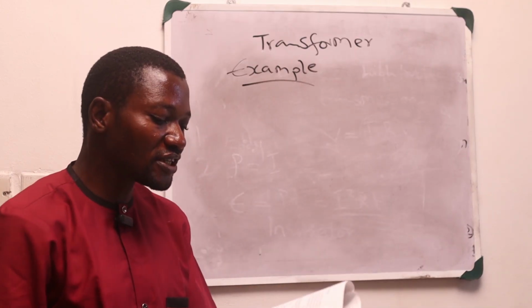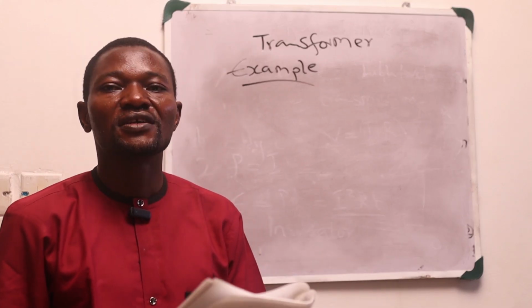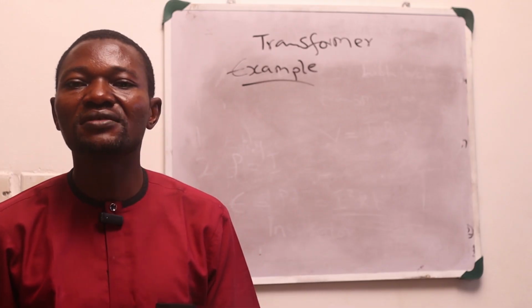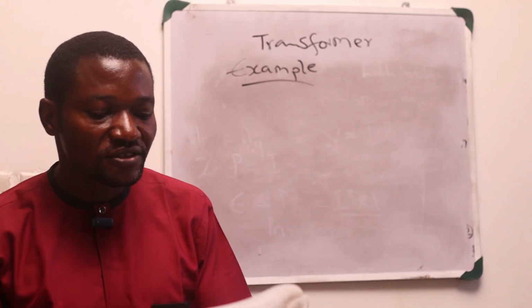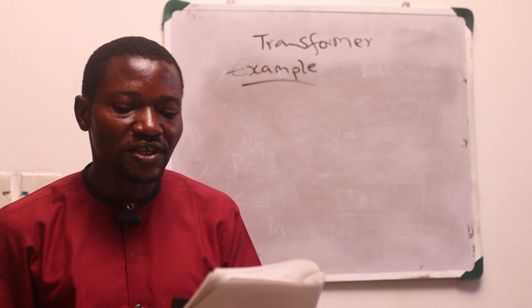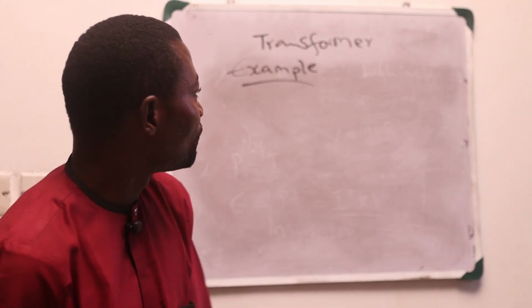we have a question here. A 240 volt AC is applied at the primary coil of a step-down transformer. What is the ratio of the secondary turns to primary turns if the voltage available at the secondary coil is 60 volt?